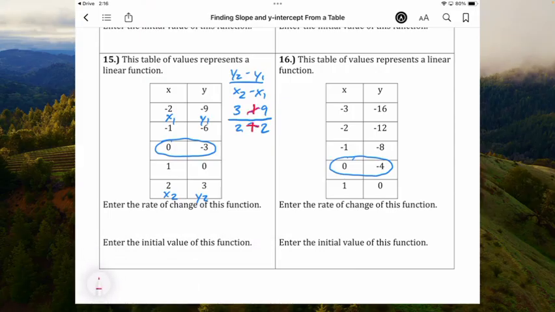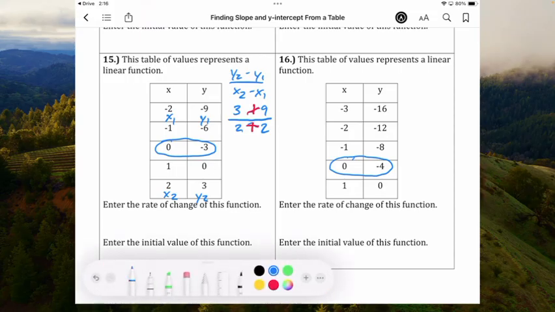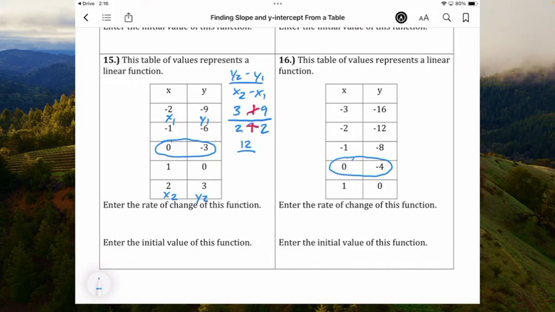So we've got 2 plus 2 and 3 plus 9, which will give us 12 over 4. Both of those are divisible by 4. Our rate of change will be 3 over 1. Our y-intercept is negative 3. So our equation is y equals 3 over 1 x minus 3. Initial value over here is negative 4.